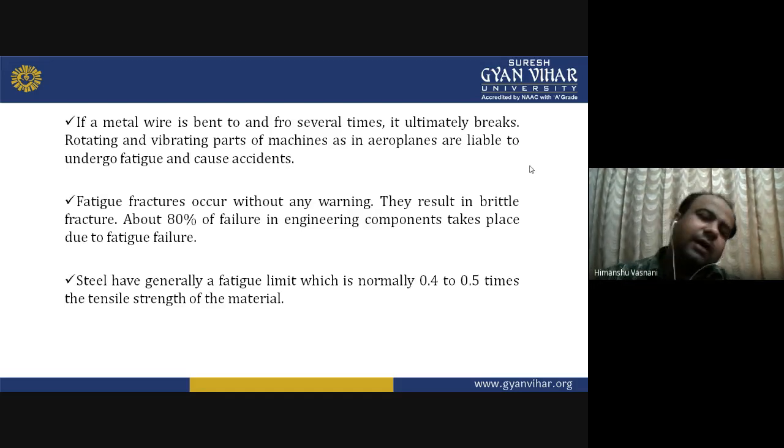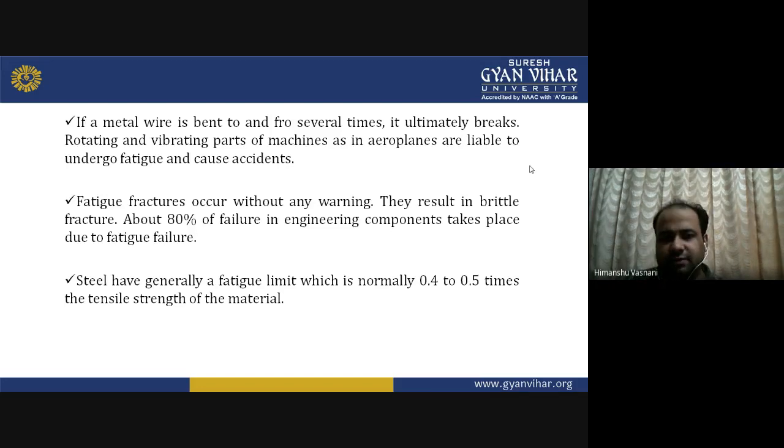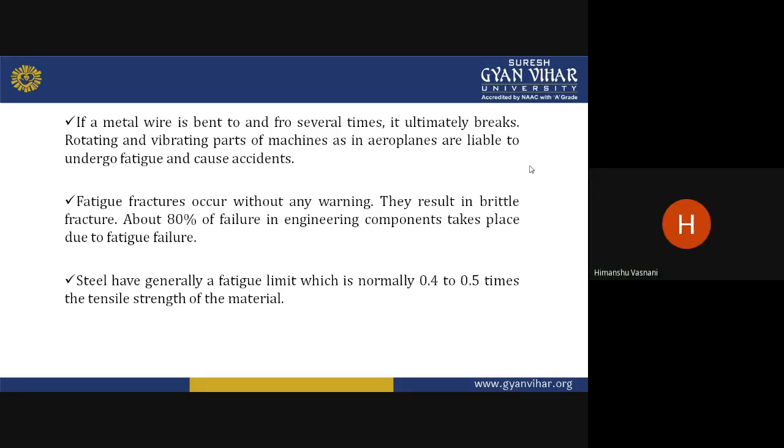We have studied ductile and brittle fracture in our previous lecture: ductile shows considerable elongation, while brittle shows negligible or no elongation. So you can say they occur without any warning. They just result in fracture. About 80% of failures in engineering components take place due to fatigue failure.